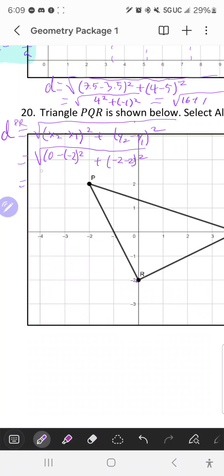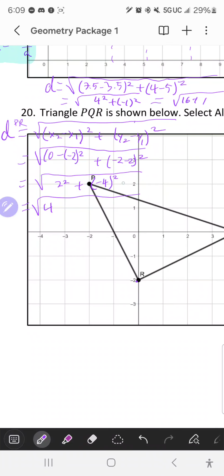Now, minus 2 is just plus 2, and 0 plus 2 is 2, so 2 squared, plus negative 2 minus 2, we keep the signs, they both have the same sign, so we add them together, it's minus 4, and this is squared. 2 squared is just 4.